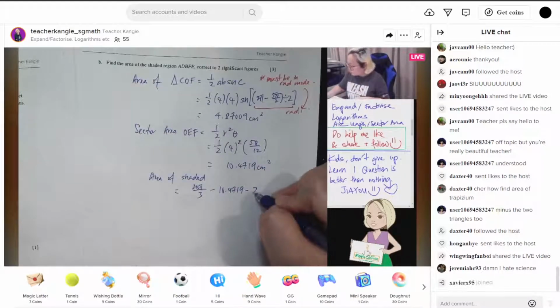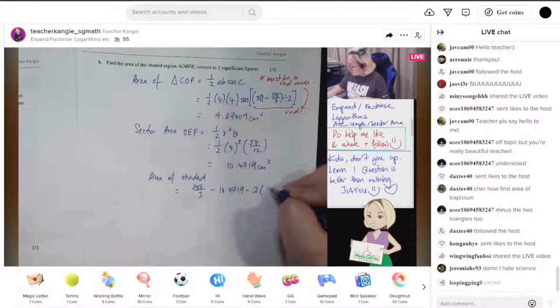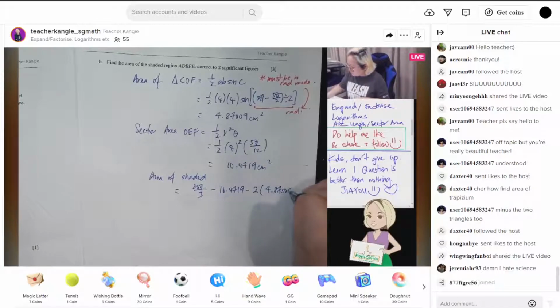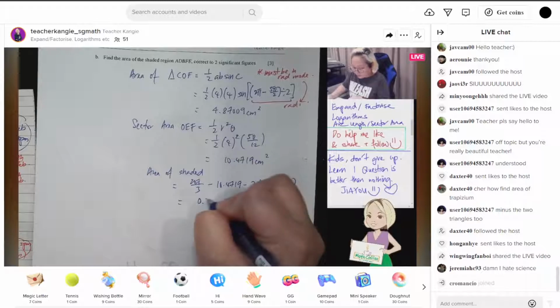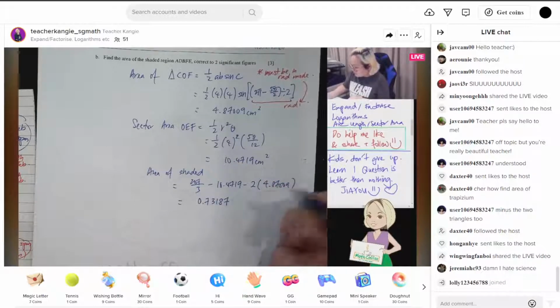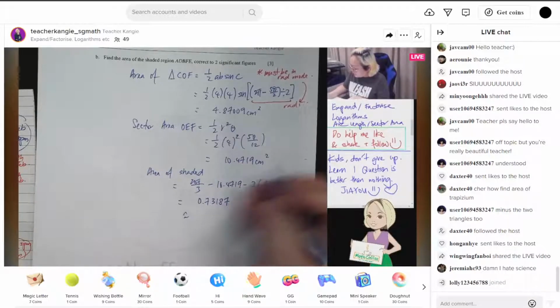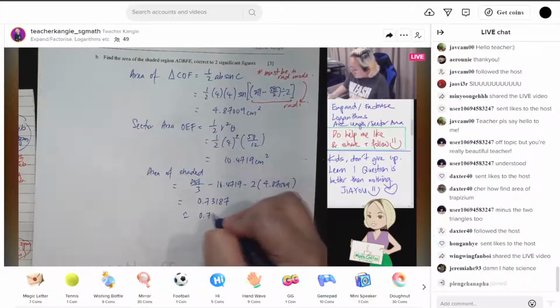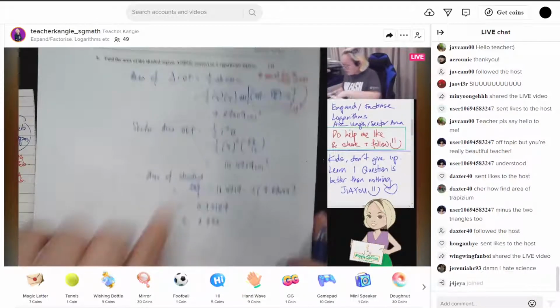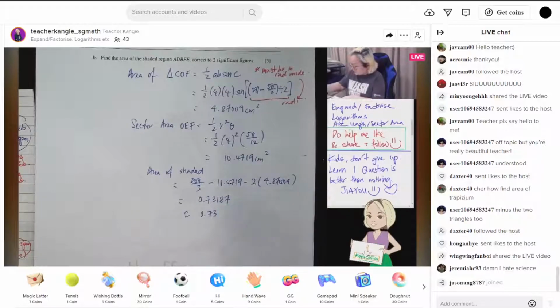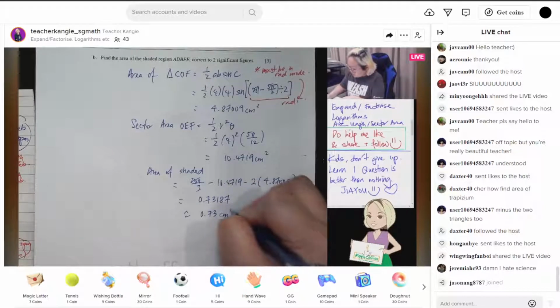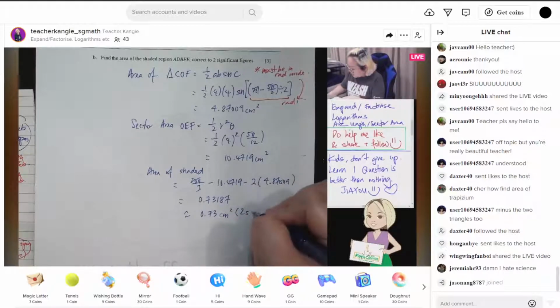So remember to put 2 of the triangle. Again, press the calculator and you will get 0.73187, round it off to 3SF, 0.732. Sorry, they want 2SF. So it's 0.73 cm squared, 2SF, and we are done.